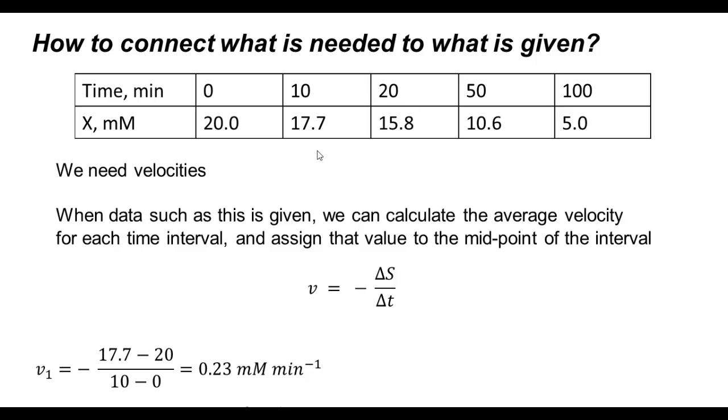Some points are widely spaced. But anyway, this is the data that we need to work with, so let's do the best that we can with the data. So the substrate concentration that corresponds to the midpoint t equals 5 minutes is 18.85, which is the average of these two, and that is what we need to assign.